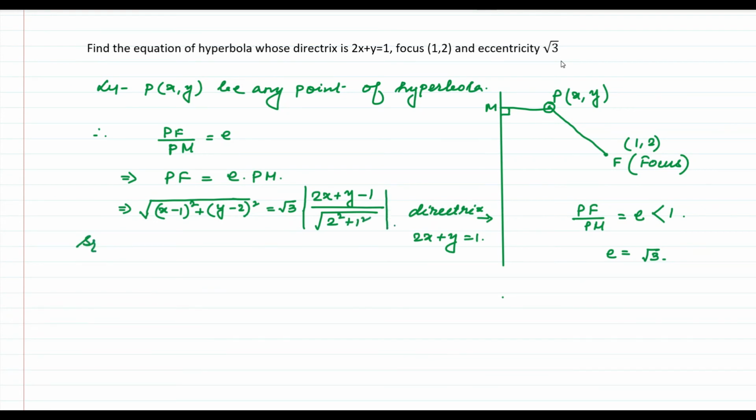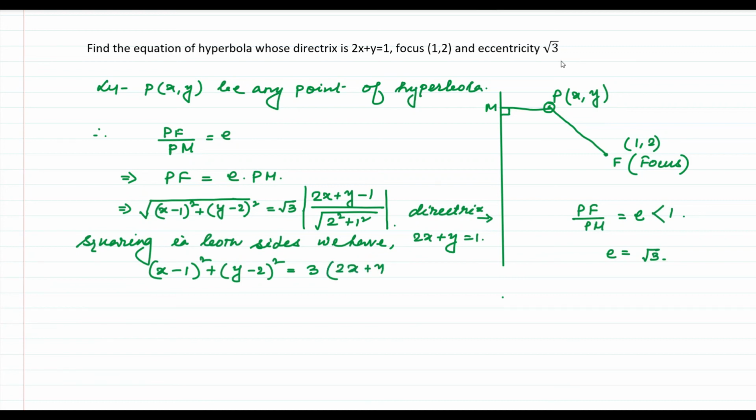Now squaring both sides, we have (x minus 1) whole square plus (y minus 2) whole square equals 3 into (2x plus y minus 1) whole square by, it will be 5.